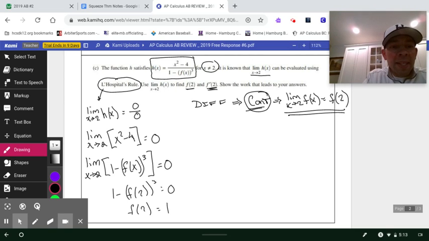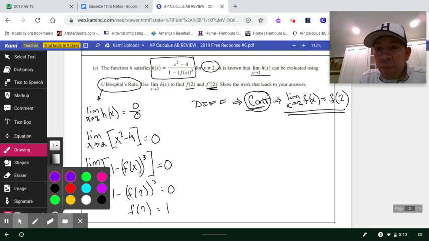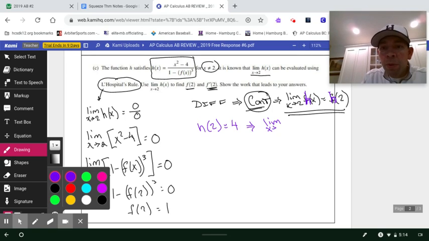Whoops, I'm going to call timeout real quick. I've got to rewind. These should be h's right here. Let's focus on h. All right. And since we already know that h of 2 has got to equal 4, we could conclude that the limit as x approaches 2 of h of x also has to equal 4 based on the condition that h is continuous. Okay, so how does that help me?